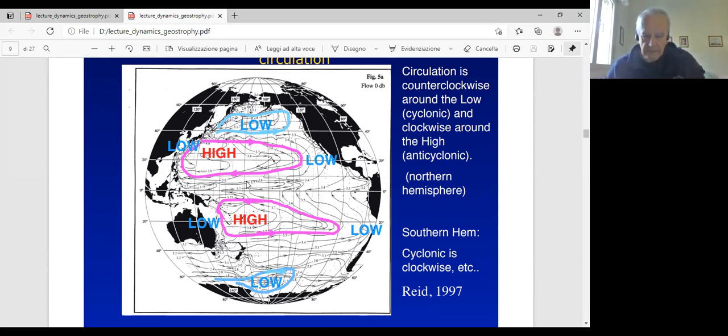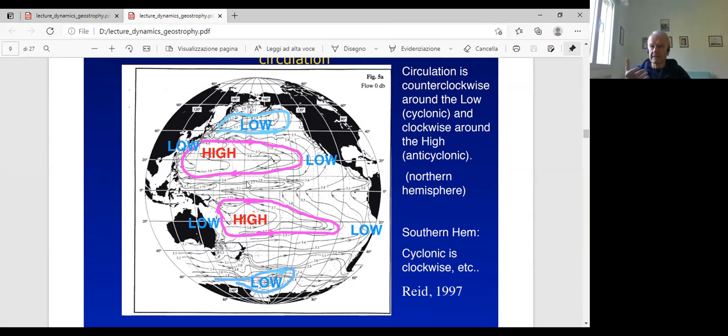So by looking at sea level, we obtain the general circulation of the world ocean, and we will see later to what extent this picture, shown here for a specific snapshot, is similar to what we call the world ocean circulation, or world ocean conveyor belt.